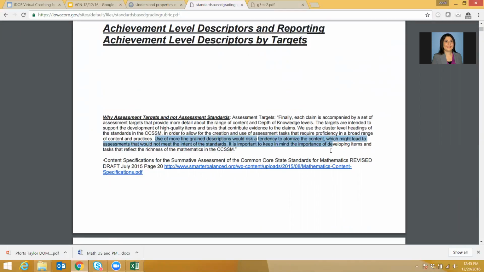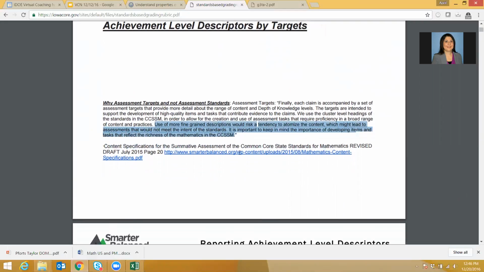What they're meaning by that is they're saying, well, if we just look at the standard individually without the standards for mathematical practices, we're looking only at DOK 1 and 2. We're just looking at those skills and procedures. And so they said it's important to keep in mind the importance of developing items and tasks that reflect the richness of the math within our standards.